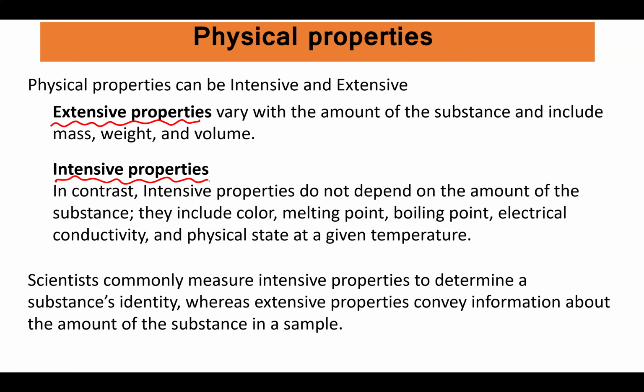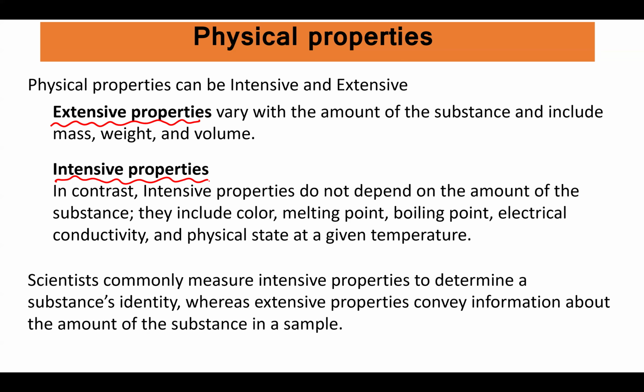Extensive properties vary with the amount of the substance and include mass, weight, and volume. In contrast, intensive properties do not depend on the amount, for example color, melting point, boiling point, electrical conductivity, and so on.